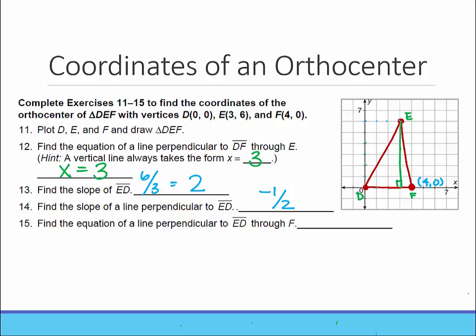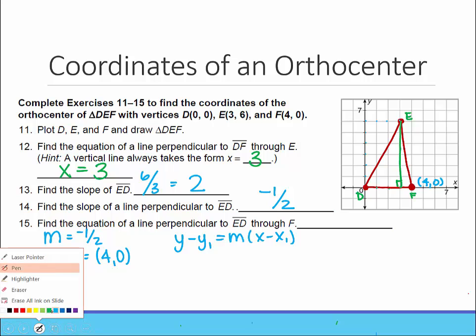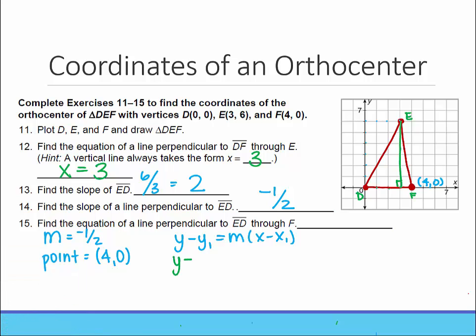Now remember, we have a slope and a point. So we need to use point-slope form to find an equation. So we have y minus y1 equals m times x minus x1, and then plug stuff in. Y minus the y in my point equals that slope we found times x minus the x in my point.